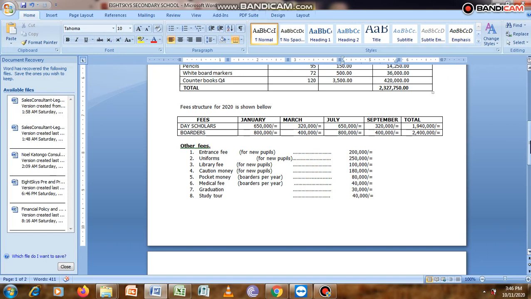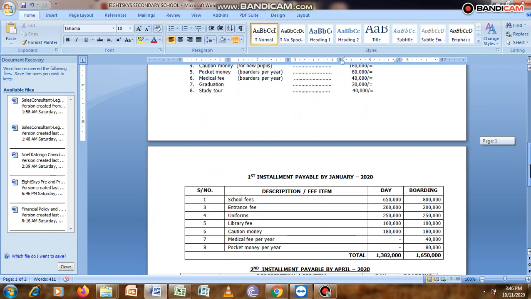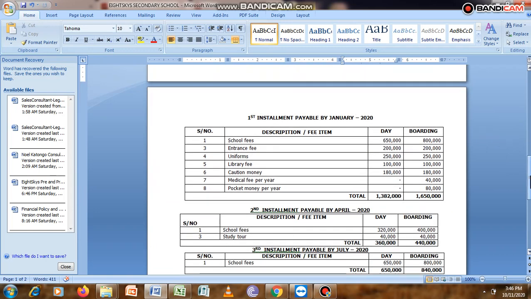For other fees, we have entrance fees, uniforms, library, caution money, pocket money, and so forth. Now, we have another description further down. The description tells us what the fees are for the first installment, the second installment, the third installment, and so forth.